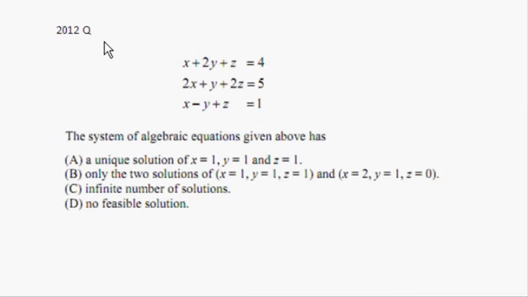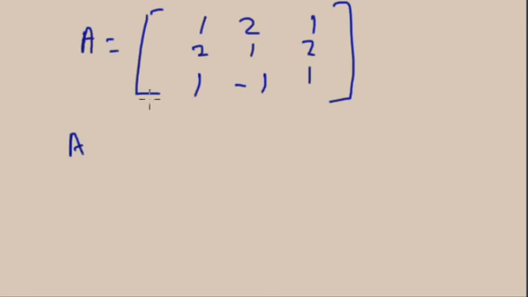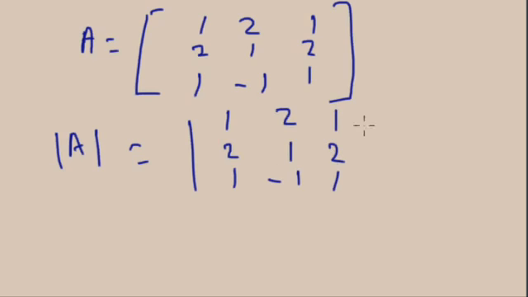This is the question asked in 2012. Again, it is a question of consistency. So here again you are required to find the rank of A and rank of K. So matrix A, this coefficient matrix, is [1 2 1; 2 1 minus 1; 1 2 1].